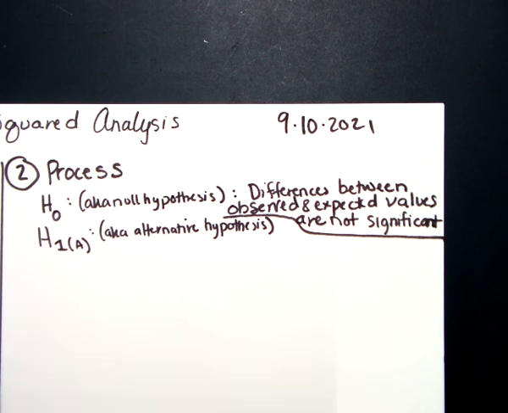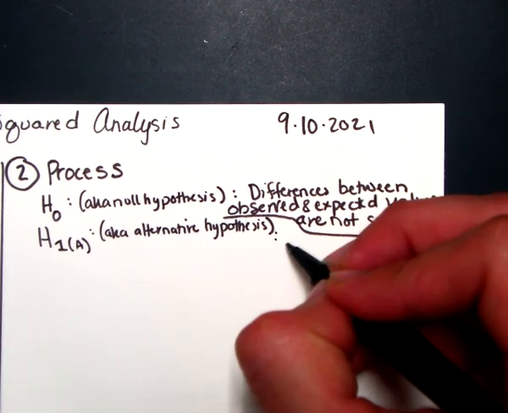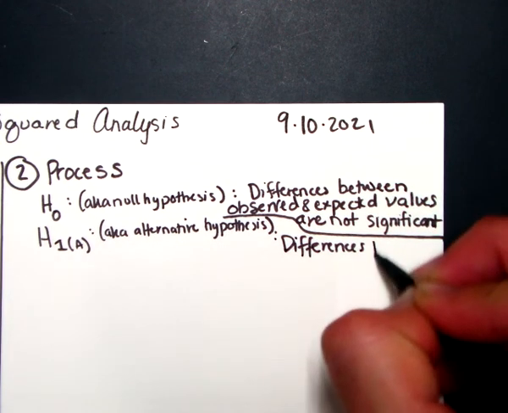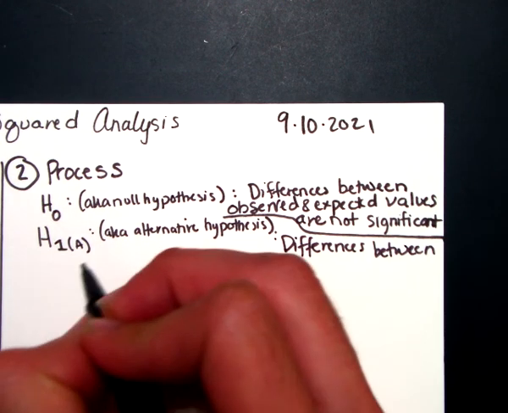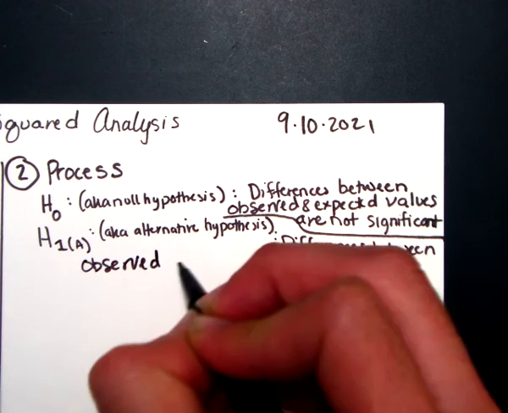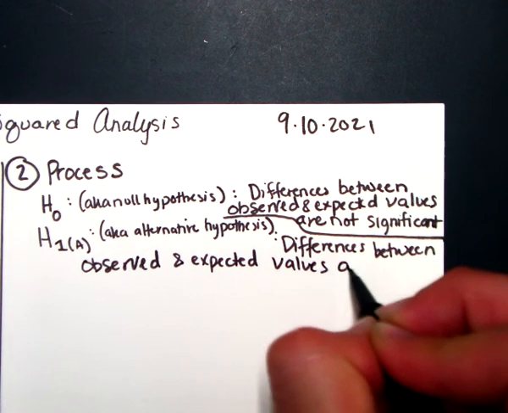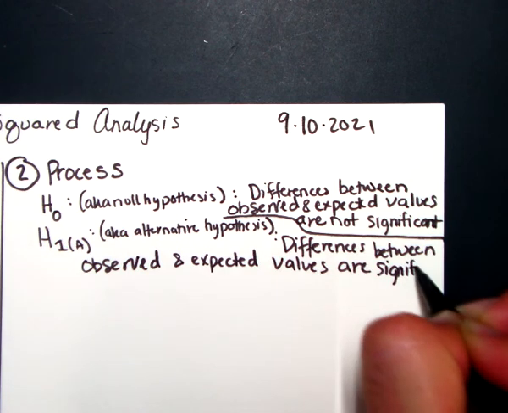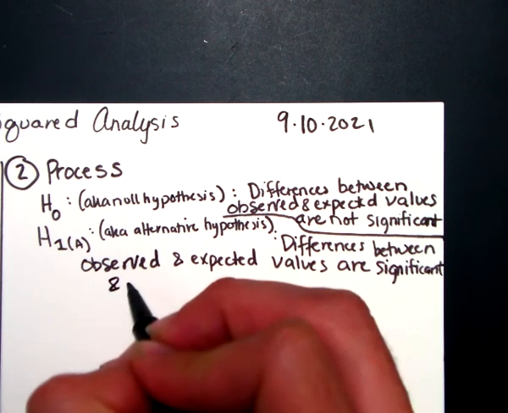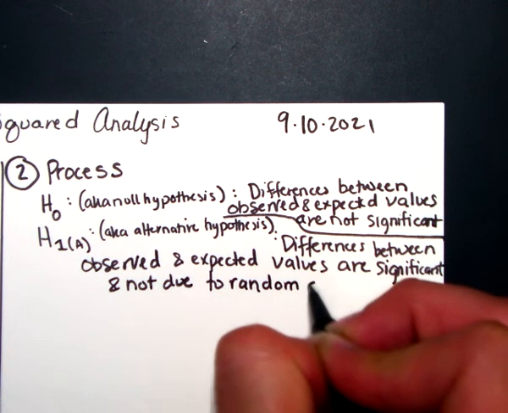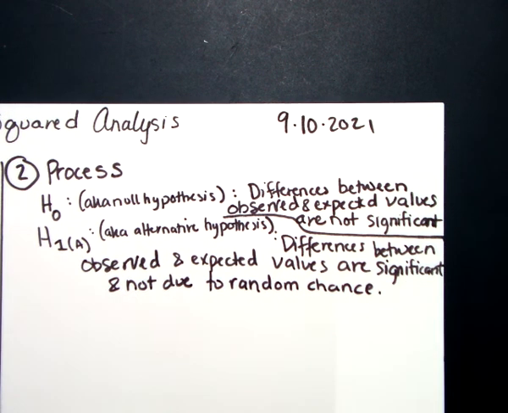The alternative hypothesis is that those differences are significant, and therefore are not due to just random chance, but suggest that something is affecting your observed values.